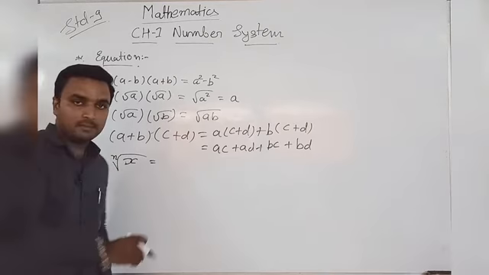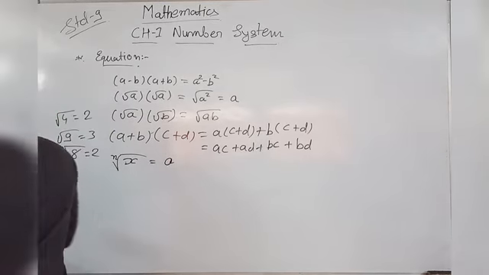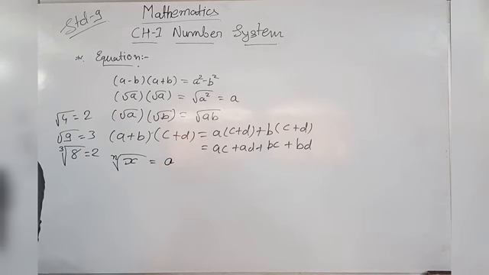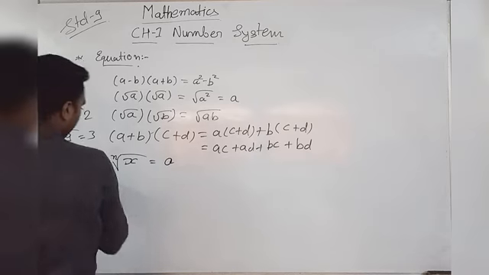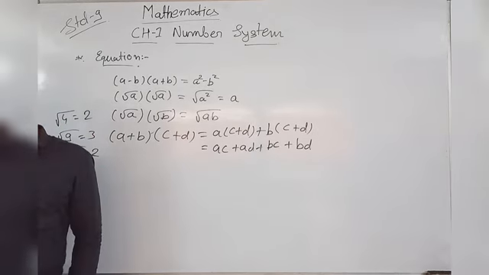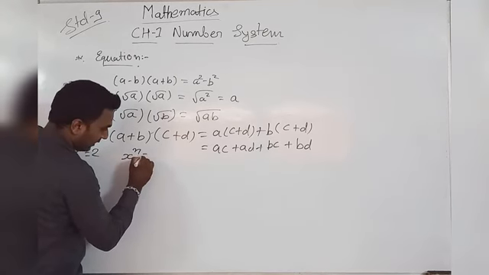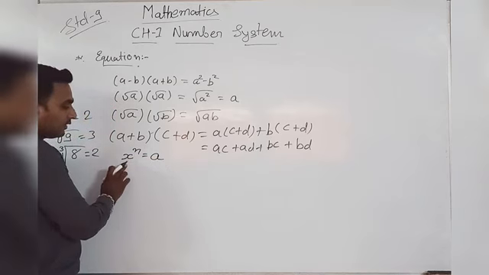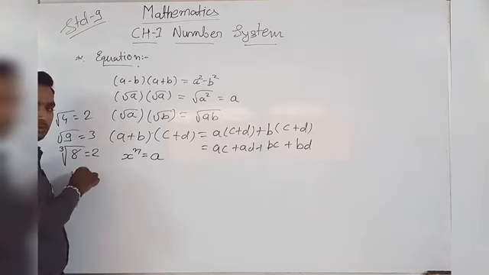Now same is here. What will be your answer? Sorry, here we have to change that: x raised to n is equal to a. X raised to n is equal to a. Then do the n root on both sides. So here n and n root both are cancelled.